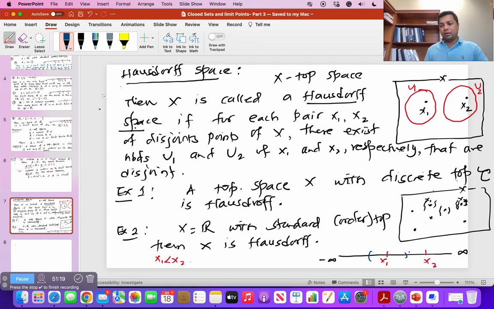Something like this. This one is going to be the open interval of x1, and that is going to be the open interval of x2, and they are disjoint.